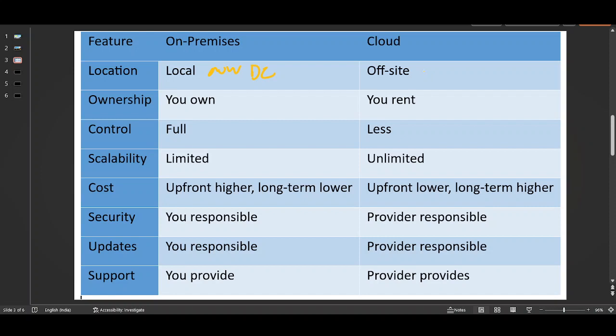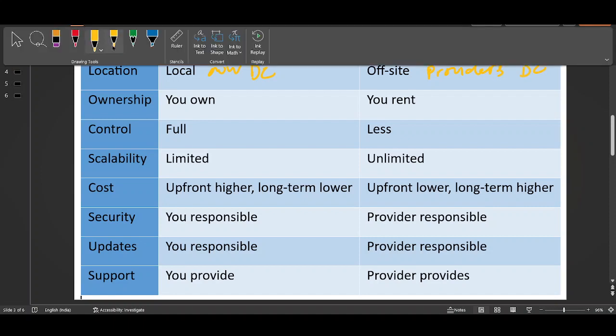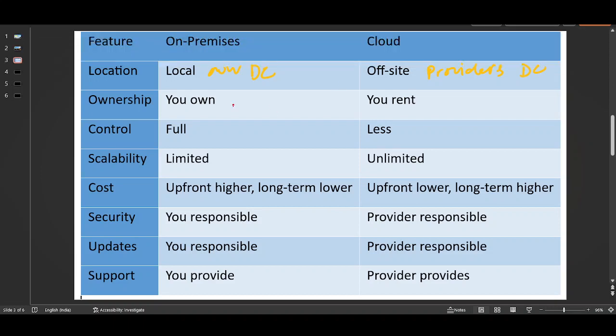This is the service provider data center. That means third party. And this is owned by you.